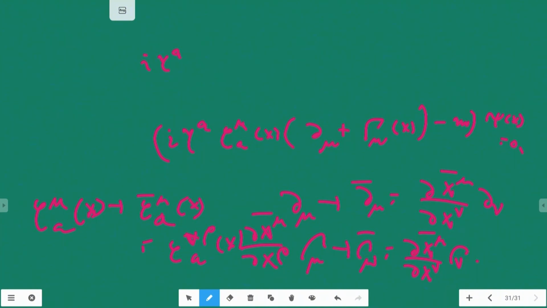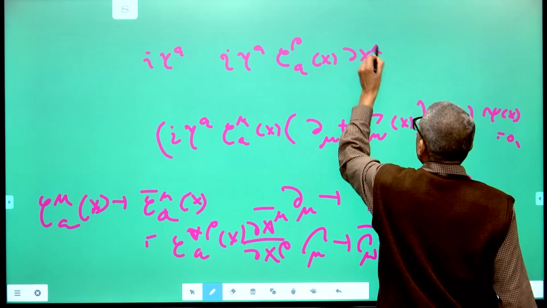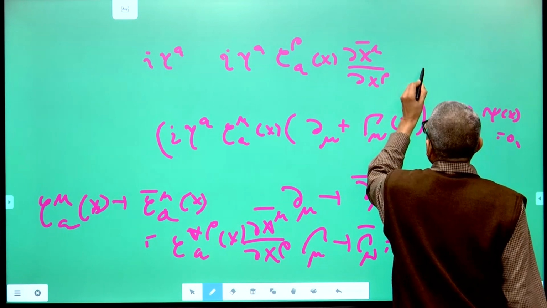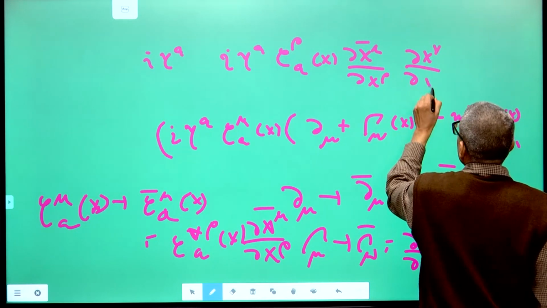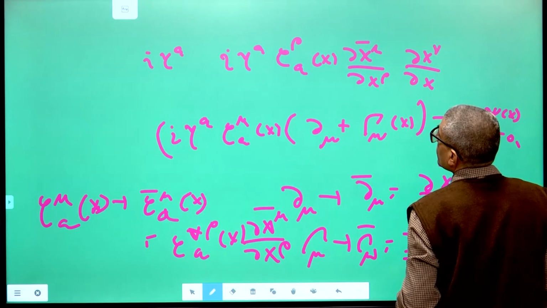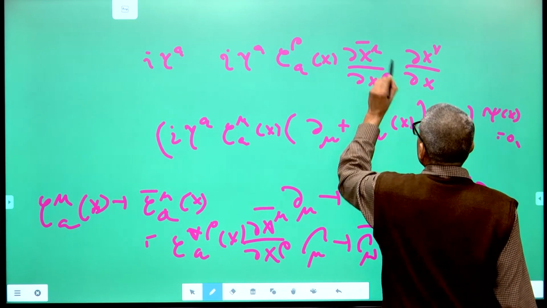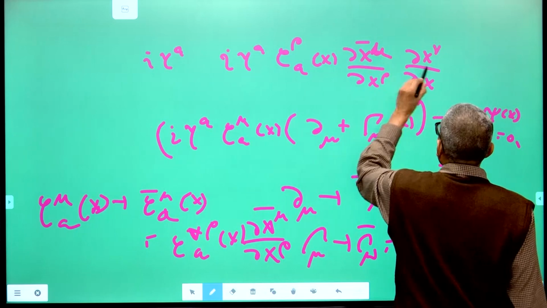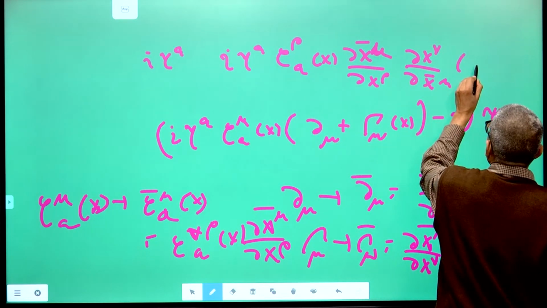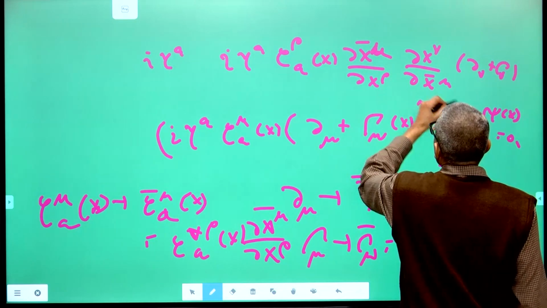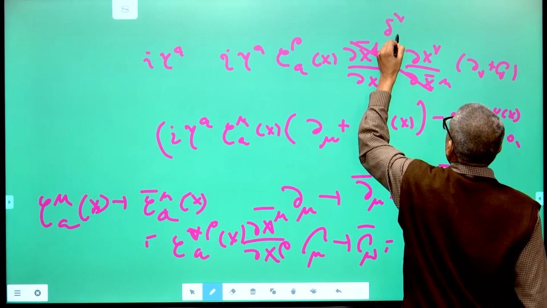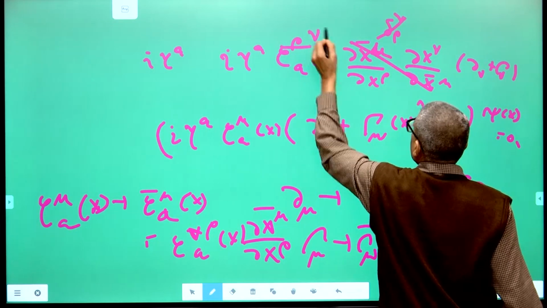So this will be diffeomorphism invariant, because this will go to iγ^A e_A^ρ ∂x̄^μ/∂x^ρ multiplied by ∂x^ν/∂x̄^μ into ∂_ν plus Γ_ν. And ∂x^ν/∂x̄^μ into ∂x̄^μ/∂x^ρ will give you δ^ν_ρ, and this will cancel out with this to give ∂_ν.